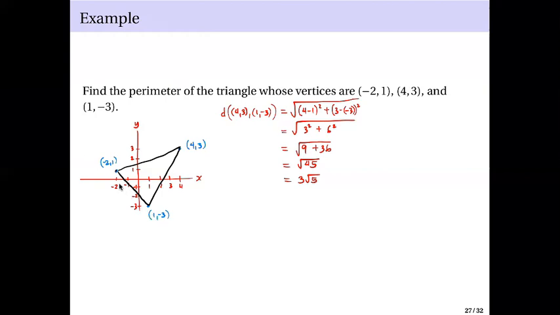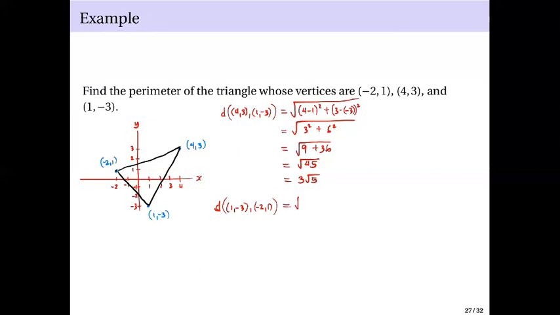Now let's consider the distance between these 2 points. So the distance between 1, comma negative 3 and negative 2, comma 1.